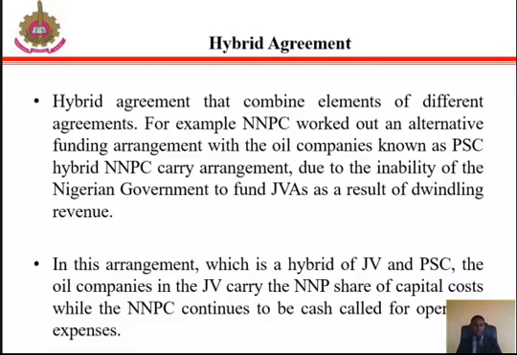So in this agreement, which is a hybrid of JV and PSC, the oil companies in the JV carry the NNPC share of capital cost, while the NNPC continues to be cash called for operating expenses.